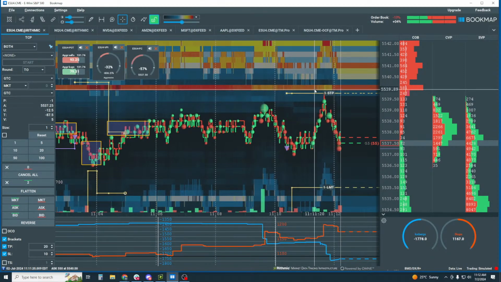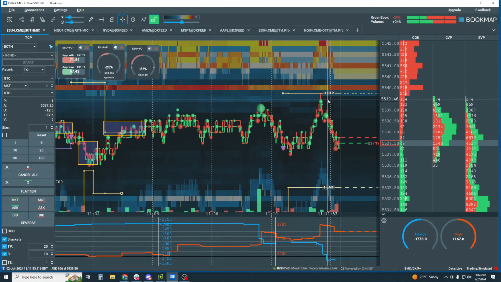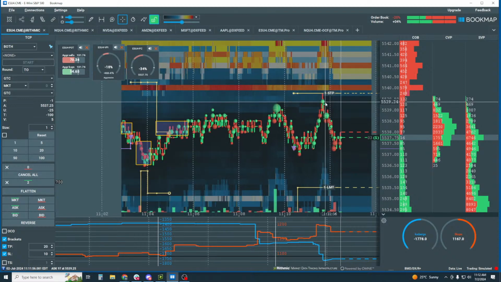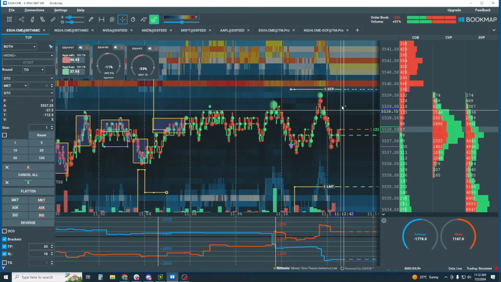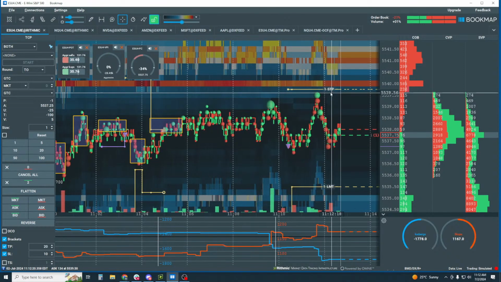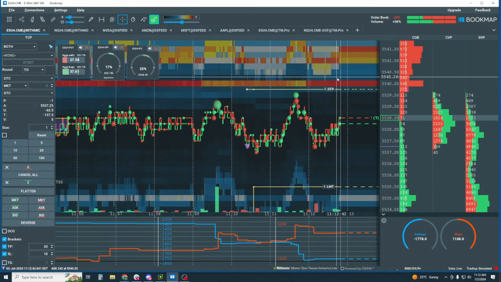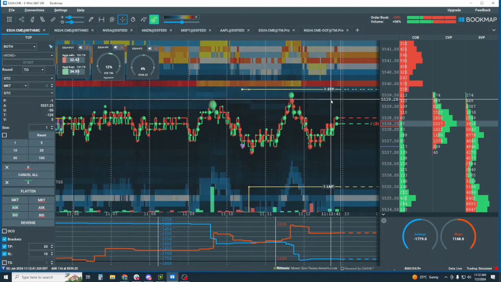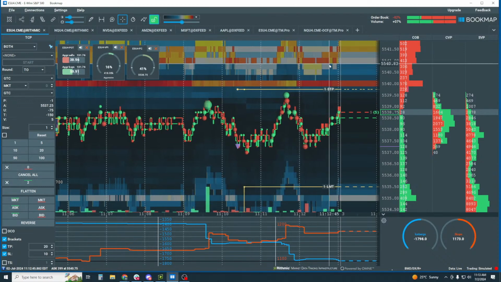And we're looking for our big stop run here to the downside. Still finding demand, still finding it.